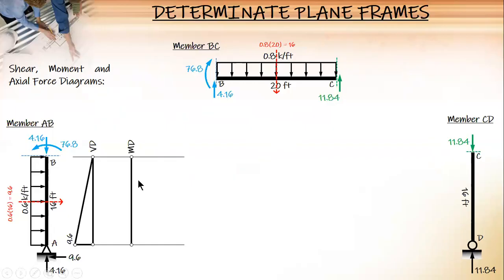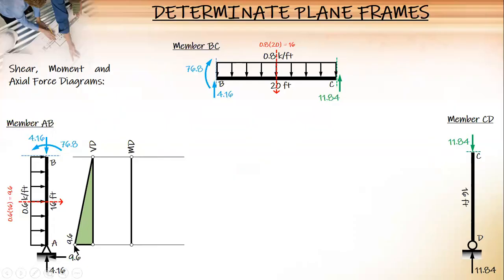And then moment. So in moment, of course, 0 plus area. Area of this diagram. This is 1/2 of 16 times 9.6. And the answer is 76.8.